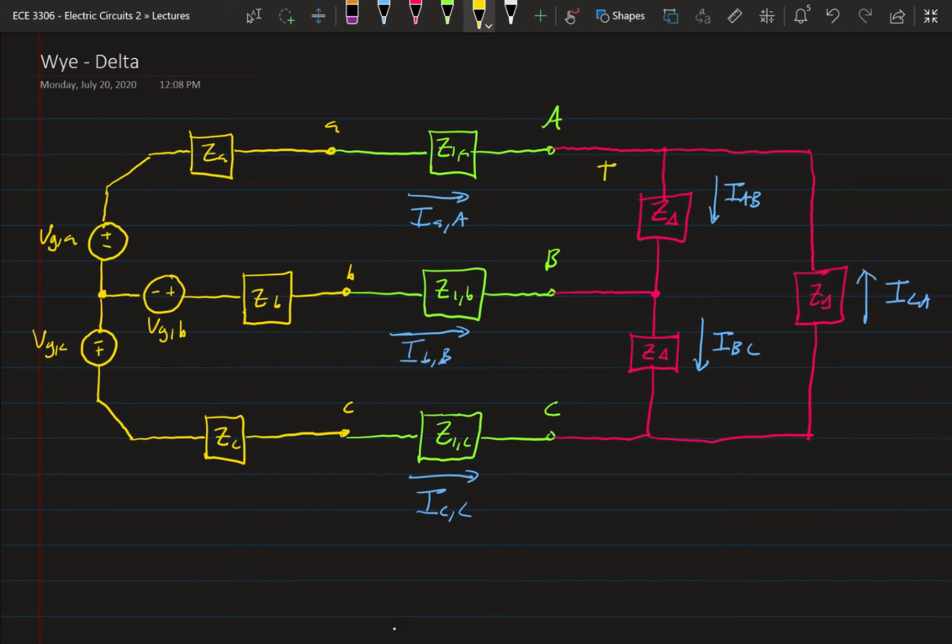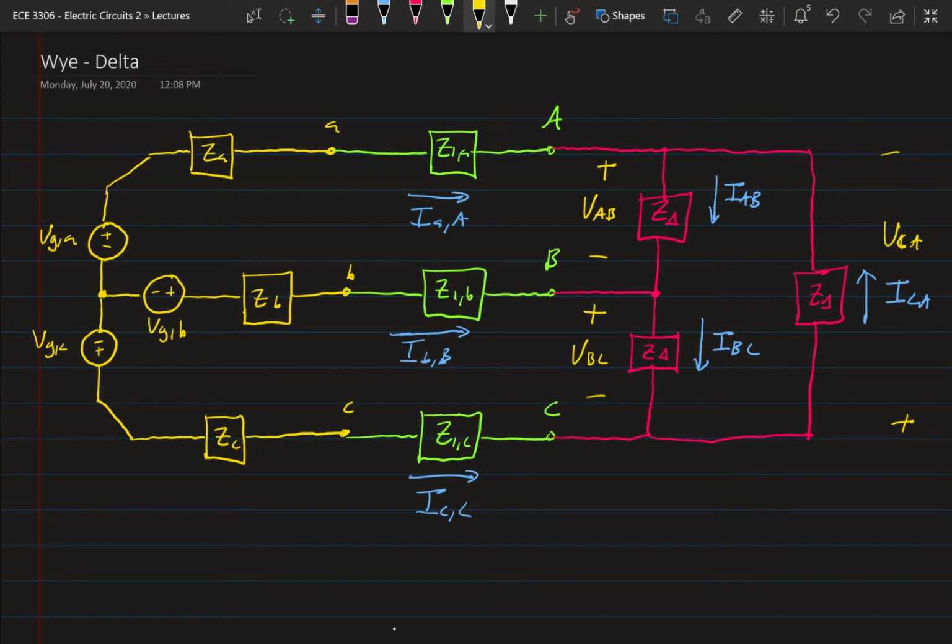We'll also label a voltage, we'll call this VAB. And then a voltage drop, VBC. And then a voltage, notice it's flipped over, VCA. Just like that.